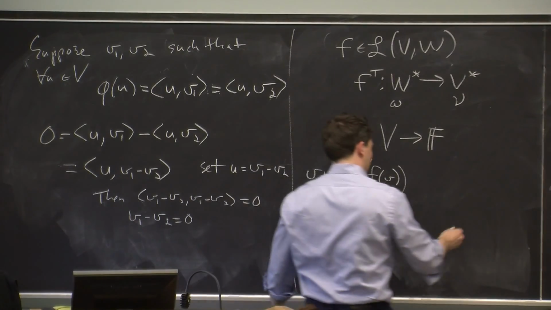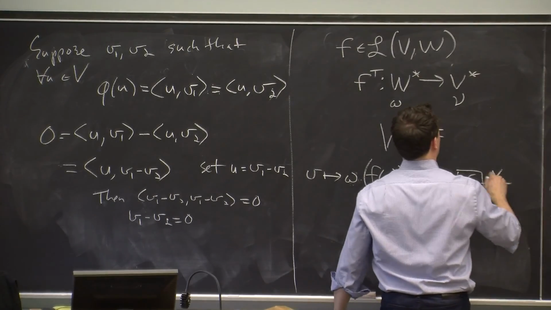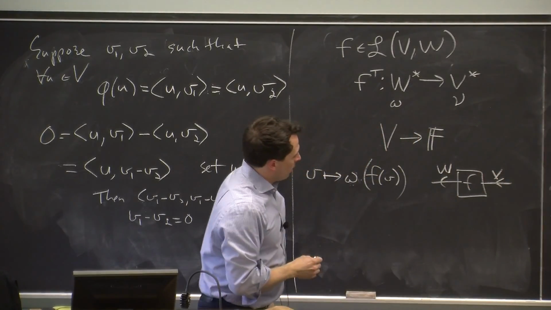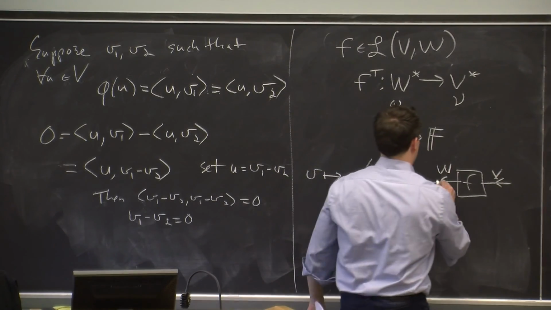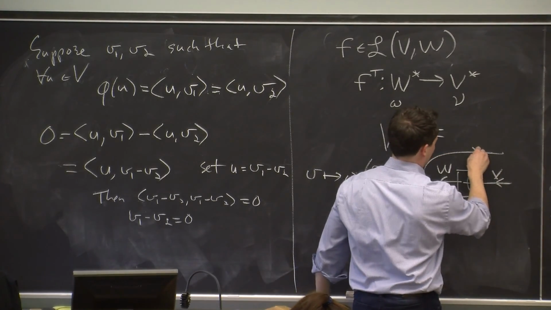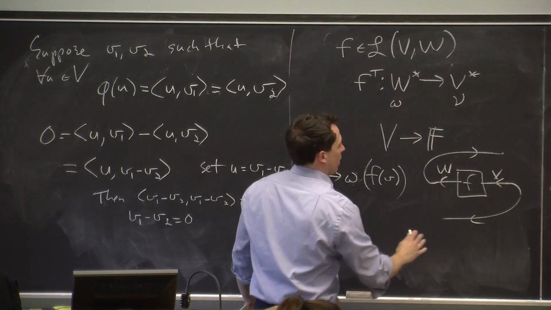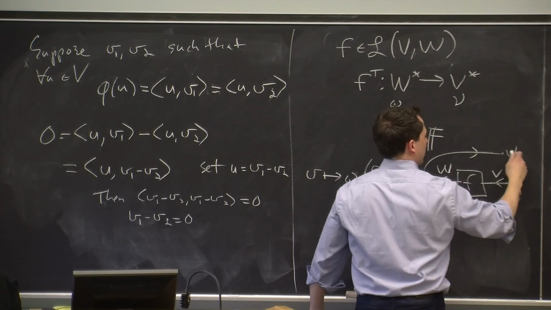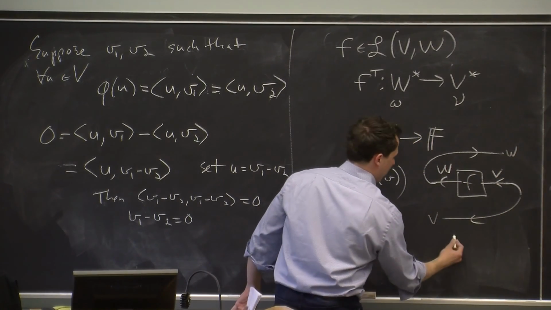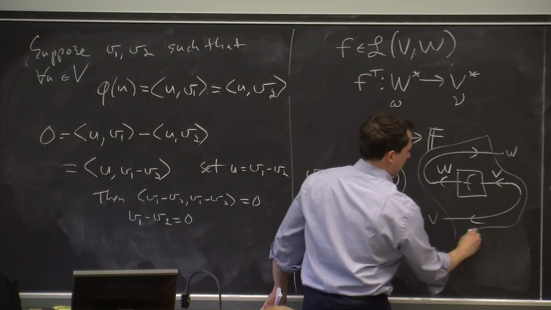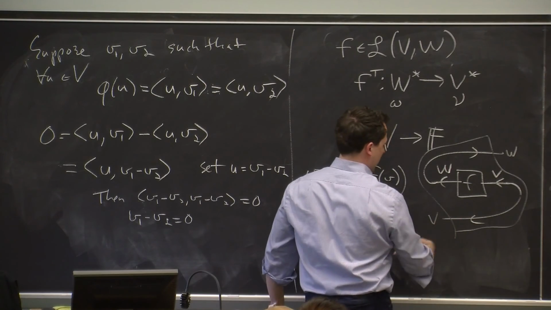The picture for that is if I have a linear transformation F, it goes from V to W. This transpose, what's happening here are all these evaluation maps. So what I'm really doing is I'm bending these wires around, applying these evaluation maps, and what I get out is a big box, which has as its input W star, W dual, and its output is V star.